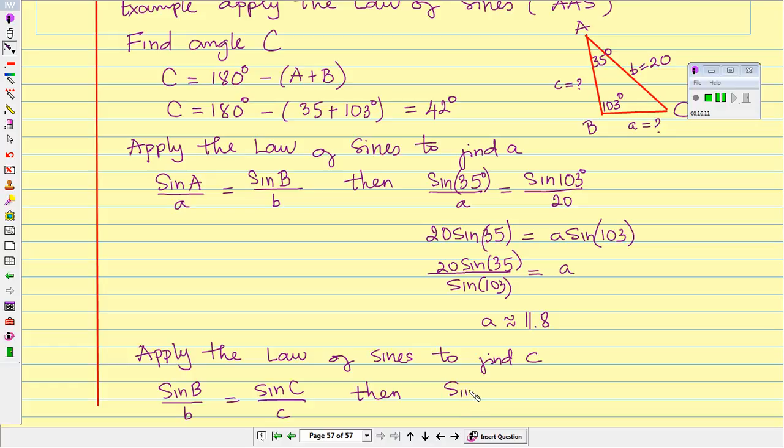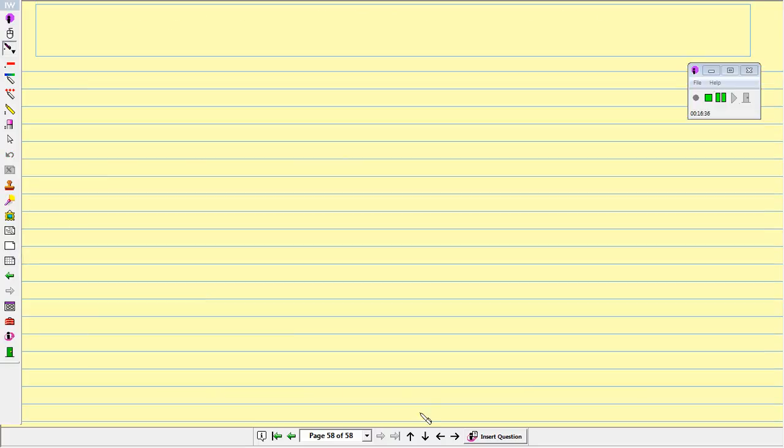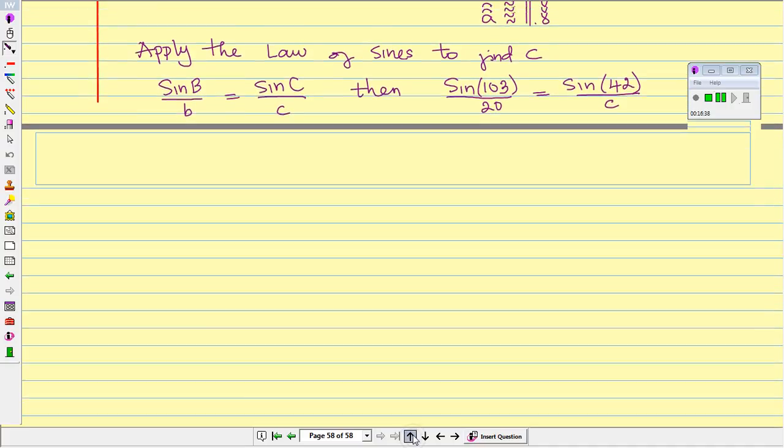The angle B is 103 degrees, the side b is 20, the angle C is 42 degrees, and side c we do not know. Of course the next step, to eliminate the denominator, is to cross multiply.